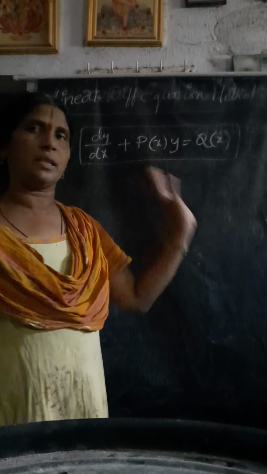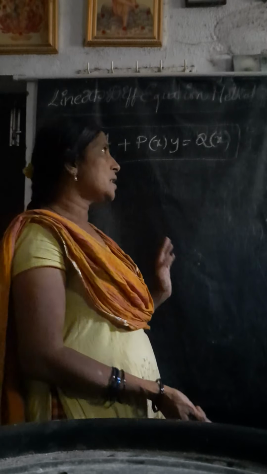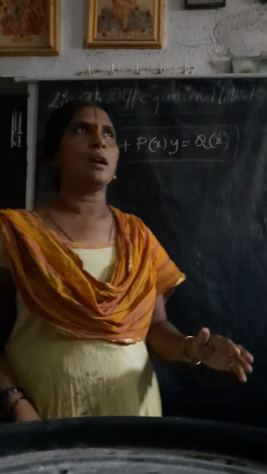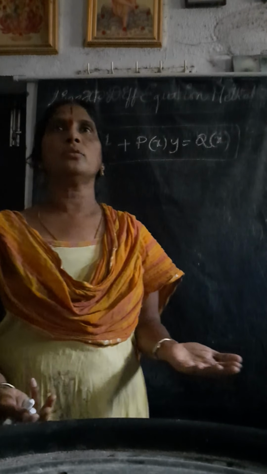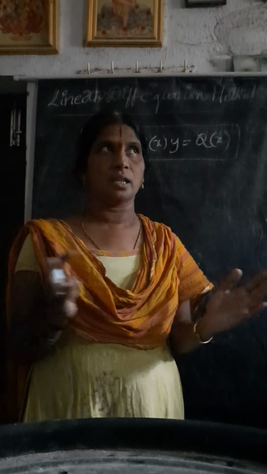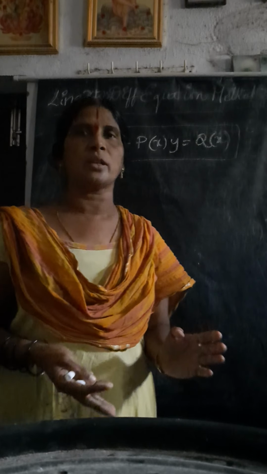Both p and q are functions of x. Next, the working procedure of the linear differential equation method: how to solve a linear differential equation. Now, I will explain the working procedure.